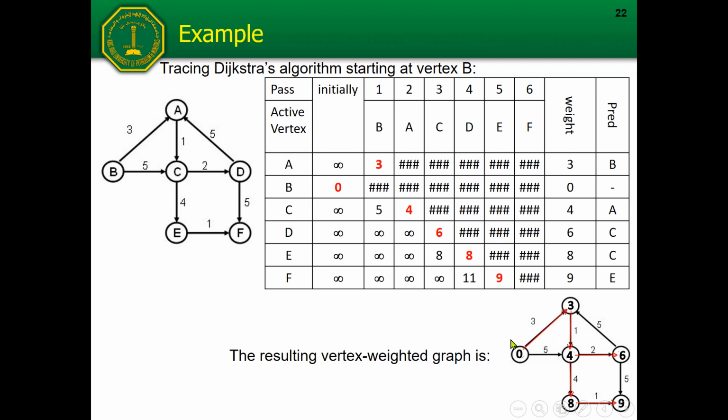So that's how to draw the corresponding shortest path tree from the graph. Everyone, just look at the predecessor information.